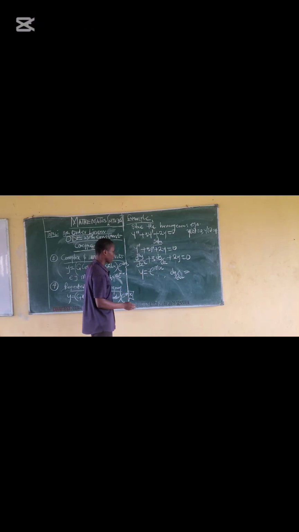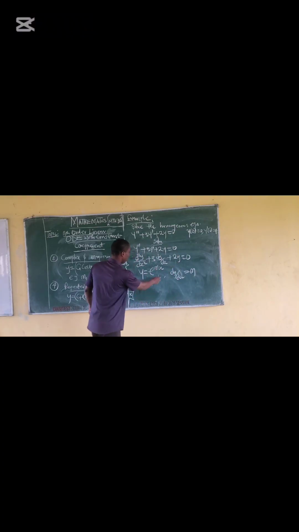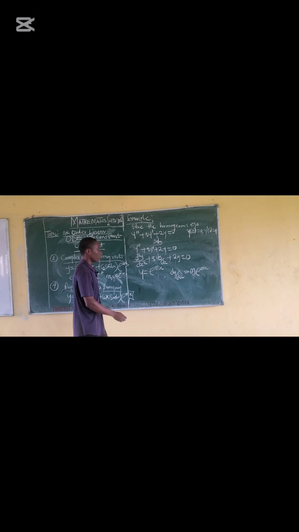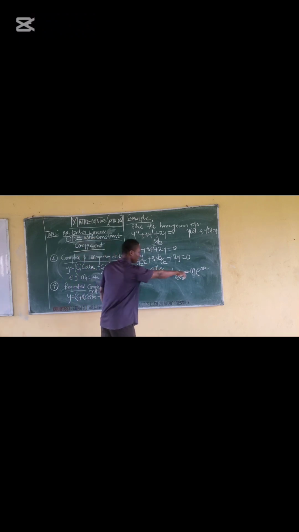The cheat here is that you pick up this constant, you bring it to the front, and then multiply it by everything you have here. So I'm going to have m, now multiply m with everything I have here. So I'm going to have exponential mx. So this is my dy over dx. What if I'm going to differentiate that thing again?